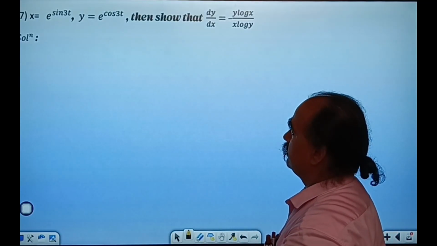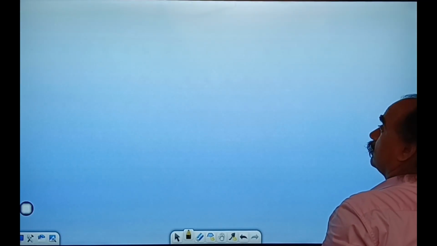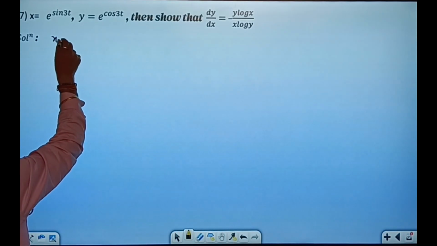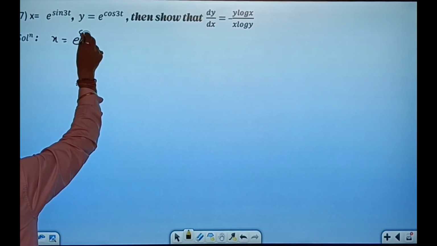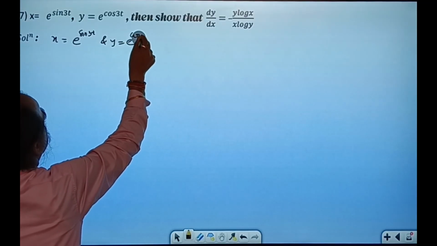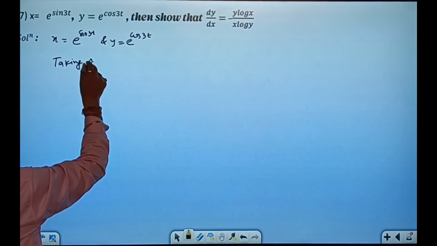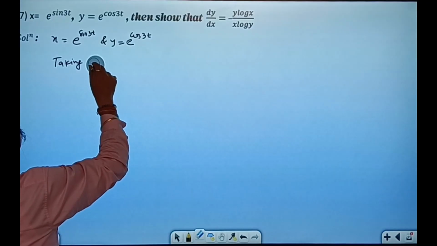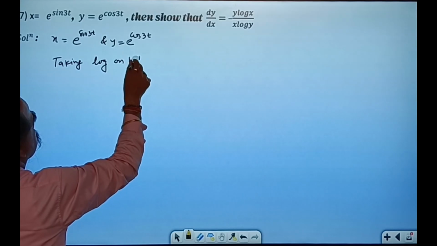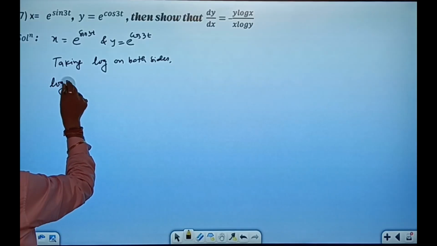x is e raised to sine 3t and y is what? e raised to cos 3t. Taking log on both sides. Log x is what?